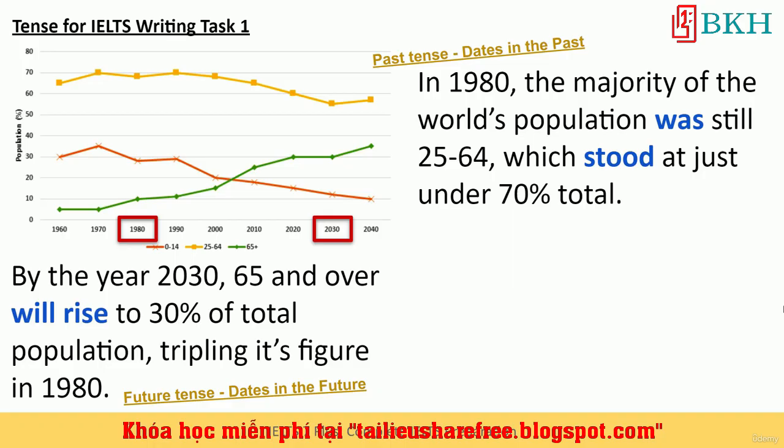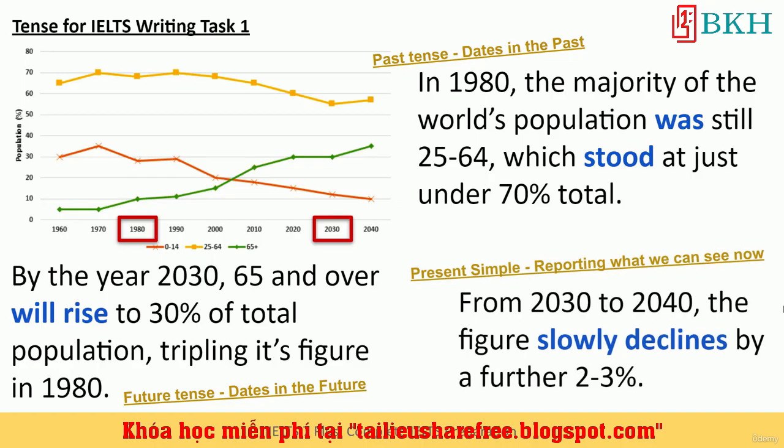Future tense can be used for future dates, but we can also use the present simple tense for this. From 2030 to 2040, the figure slowly declines by a further 2.3%. And that's because in my voicing, in the tone of my writing, I'm reporting what I see now.